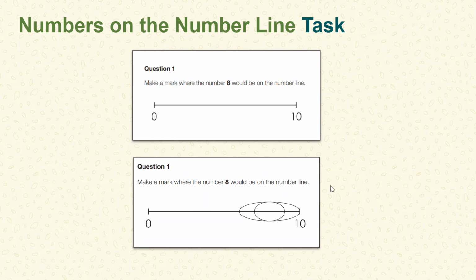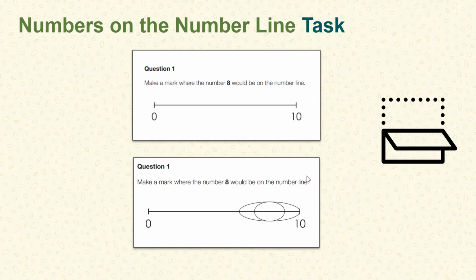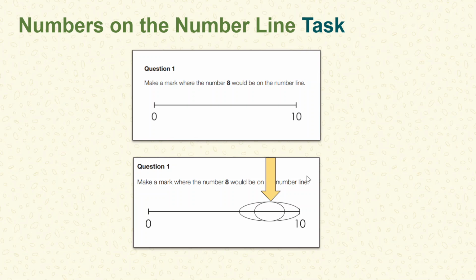And here is the scoring sheet. So if you have it on a transparency, you can overlay this over the child's mark and see whether or not it falls within the first circle or the second circle.